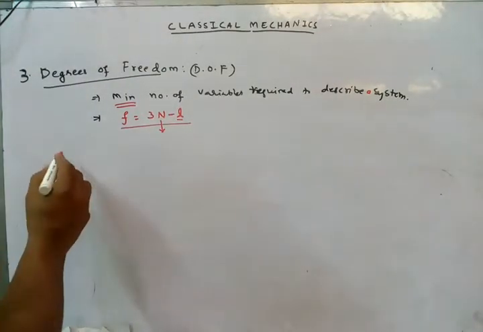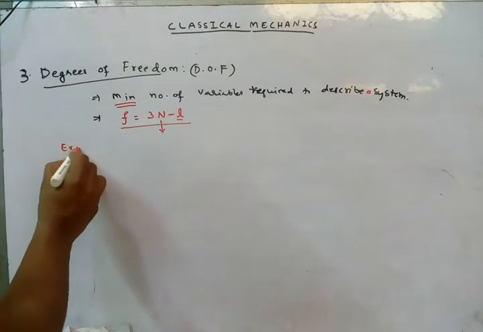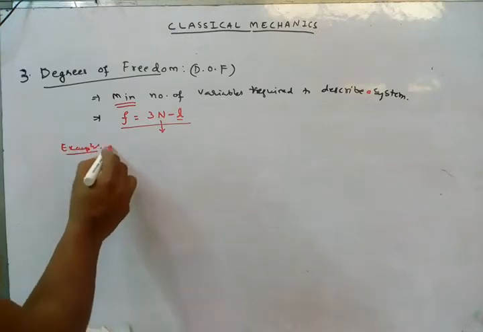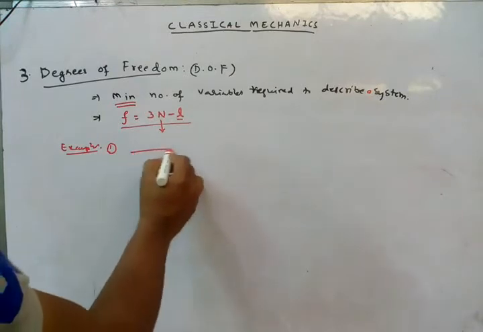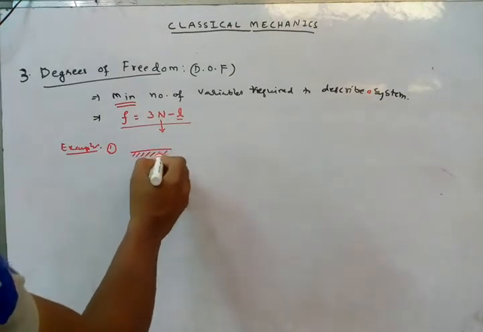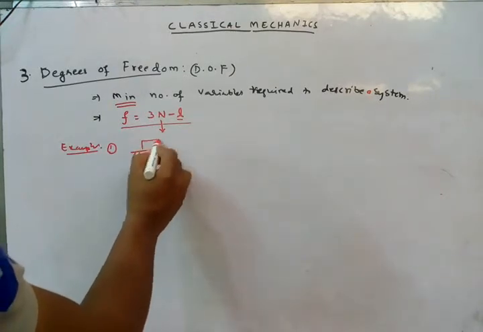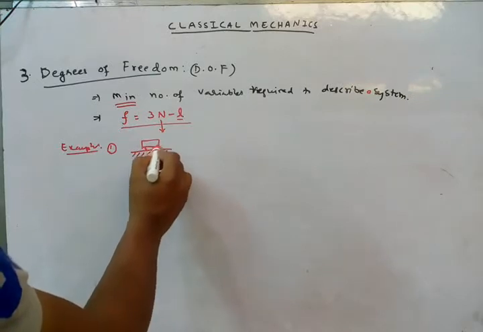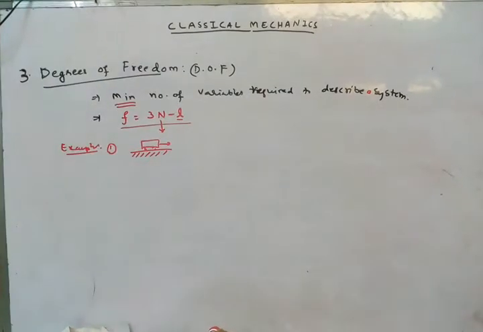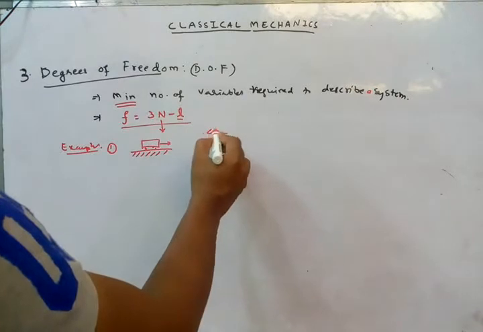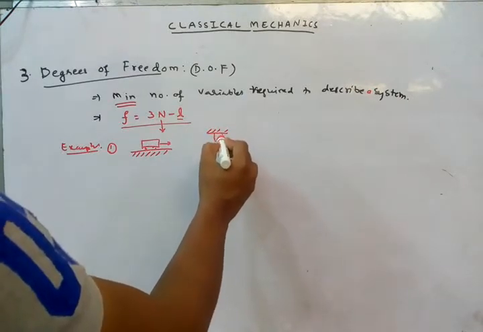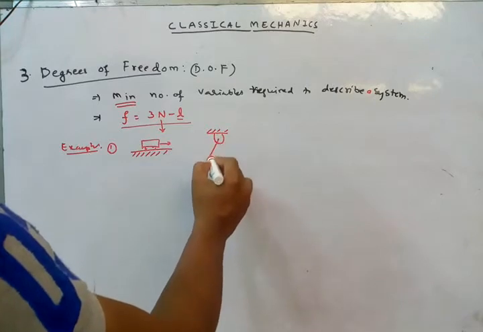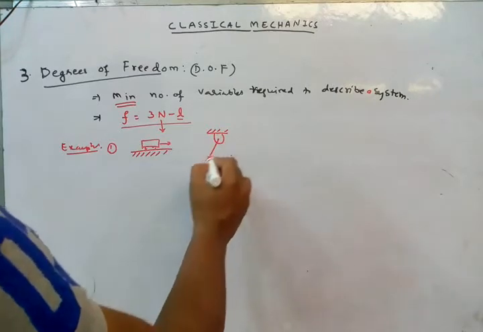So I am taking one example. For example, this is a surface, and a car, one object, is moving like this. If you take one more, this is one pivot, otherwise it is moving like this.